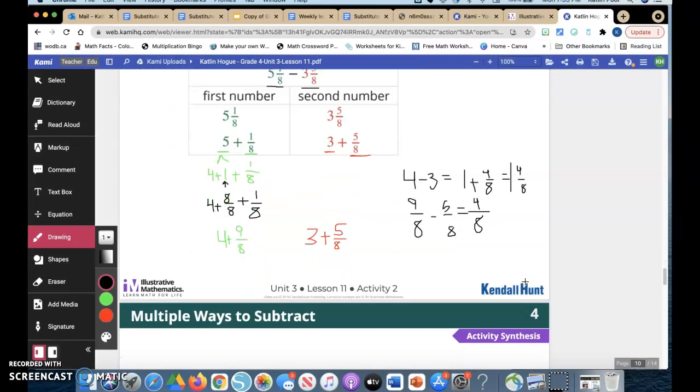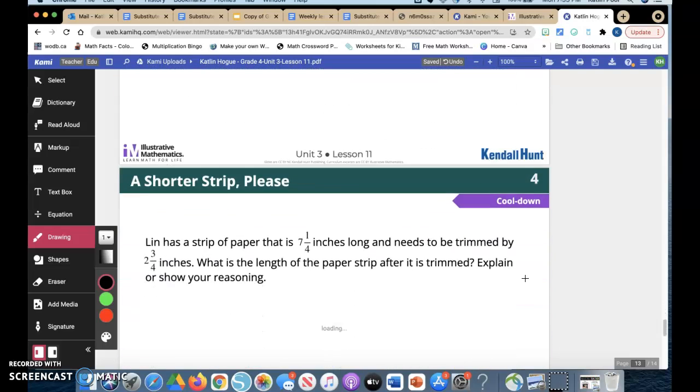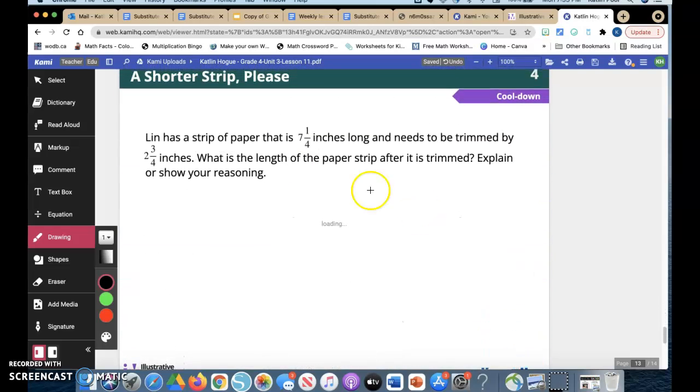Alright, my sweet friends, this is going to be your job. Lynn has a strip of paper that is 7 1/4. So, first number. Miss Hogue apparently can't draw a box tonight.